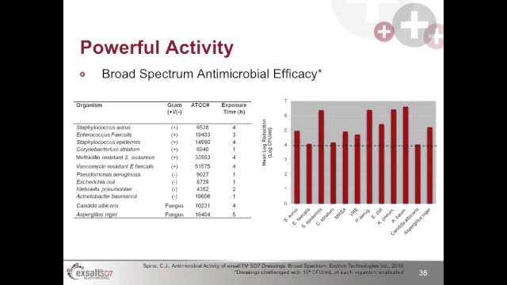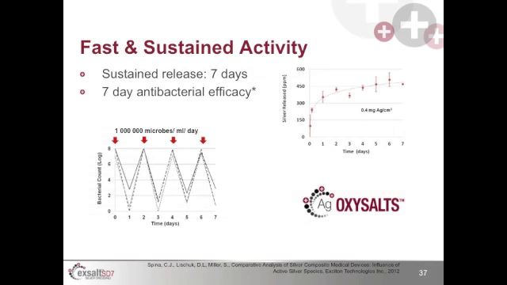This translates into rapid, effective kill of gram-positive, gram-negative bacteria, yeast, and fungi, and sustained powerful activity, where Exsalt SD7 dressing demonstrates an initial fast burst and then sustained long-term silver release, which translates into its ability to protect wounds against daily heavy challenges of bacteria and providing greater 99.99% kill daily over 7 days.